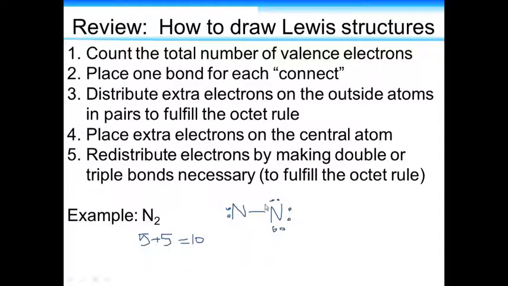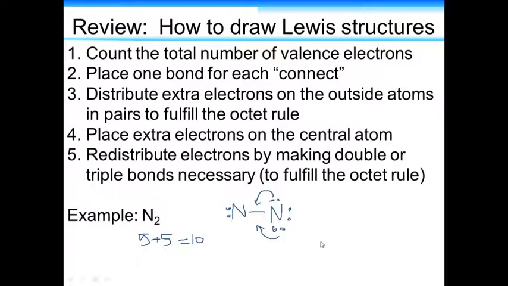But wait a minute. We've used 2, 4, 6, 8, 10. We've used all 10 electrons. So now we're in trouble because this nitrogen does not have an octet. So what do we do? We redistribute the electrons like so.